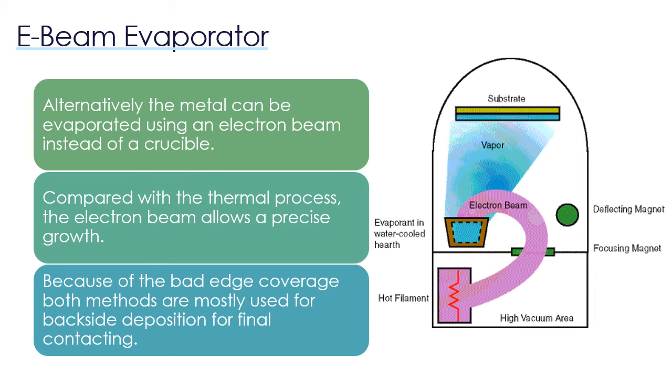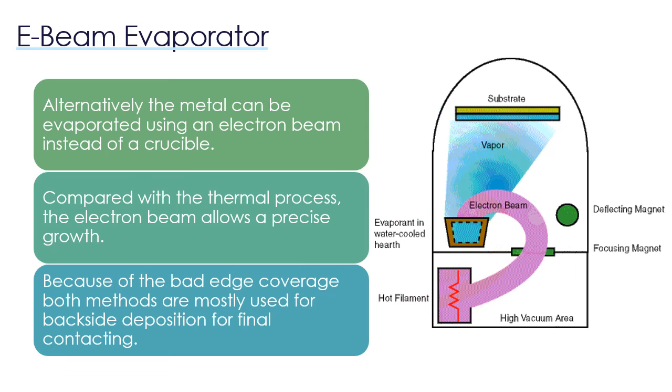Another alternative for the evaporator is using an electron beam instead of the crucible. Previously, we saw that the metal is placed in the crucible, right? But here, the e-beam is used to evaporate the material.